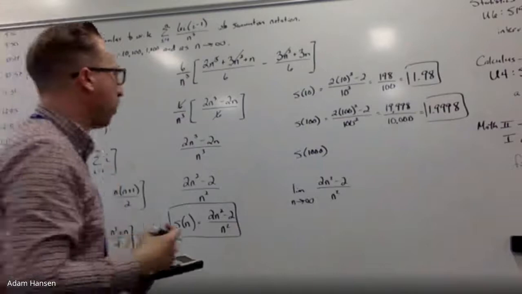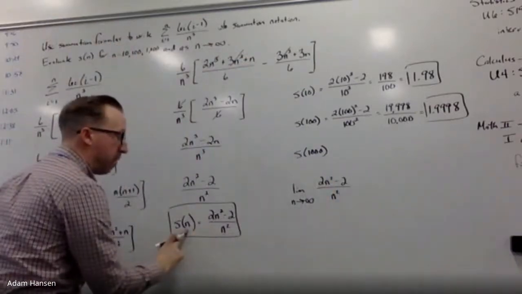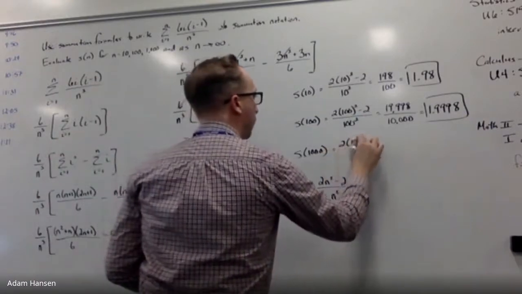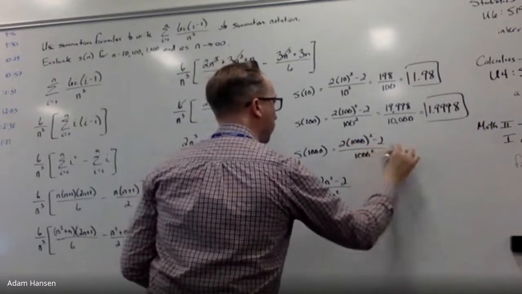Let's do the same thing for 1,000. Our summation formula, let n be the same as 1,000. 2 times 1,000 squared minus 2, divided by 1,000 squared.